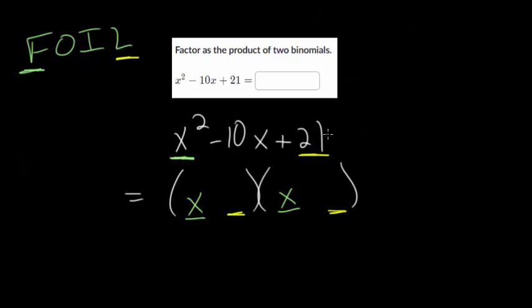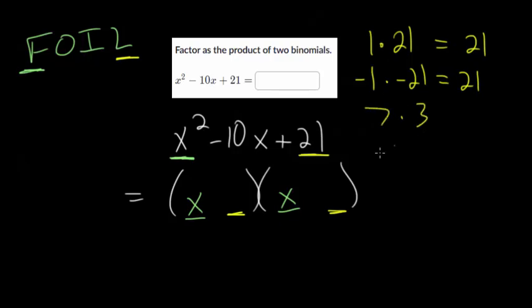So let's think about the different combinations of numbers that will multiply to give you 21. And we can do 1 and 21, or you can do minus 1 and minus 21, since both of these do multiply to give us 21. You can also do 7 times 3, or minus 7 times minus 3, since in both cases you get positive 21.